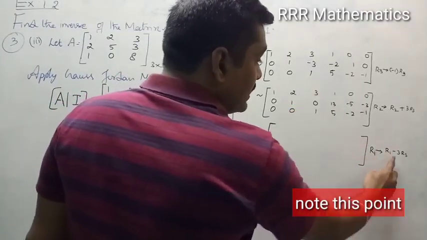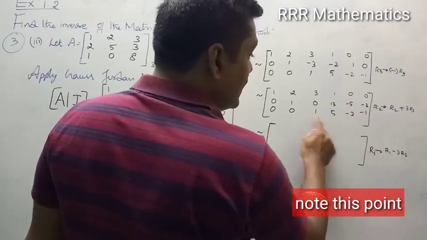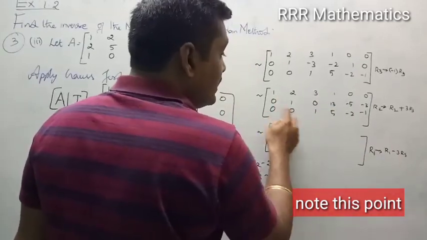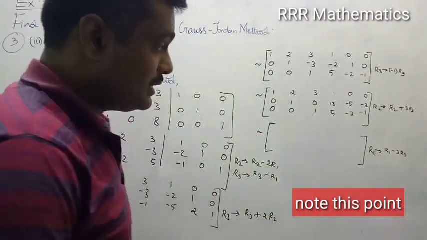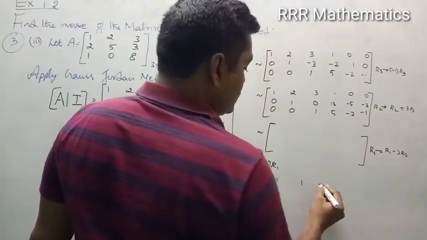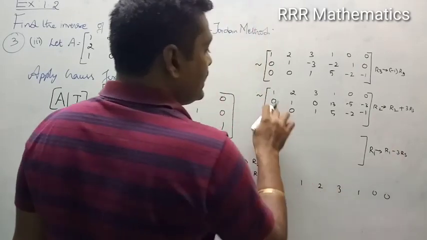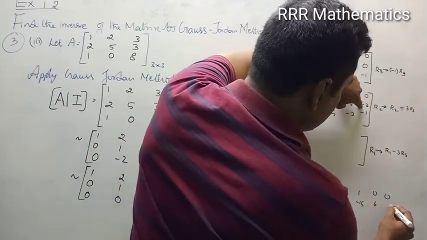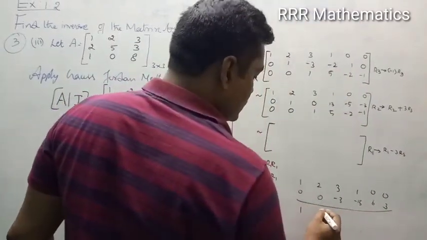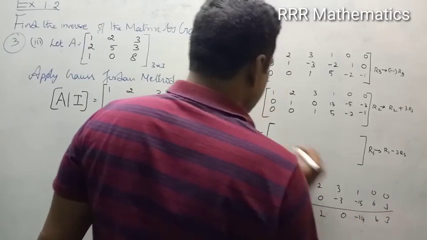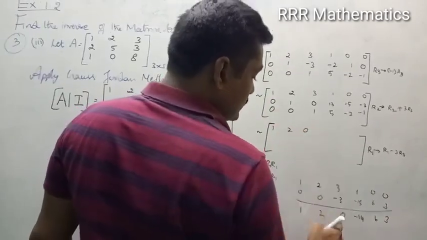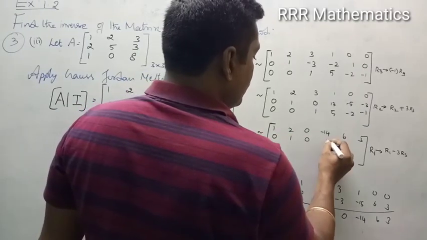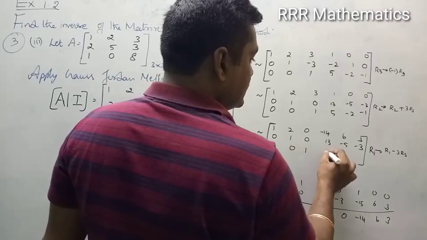R1 is 1, 2, 3, 1, 0, 0. Minus 3 times R3 is 0, 0, minus 3, minus 15, plus 6, plus 3. Simplify: 1, 2, 0, minus 14, 6 and 3.